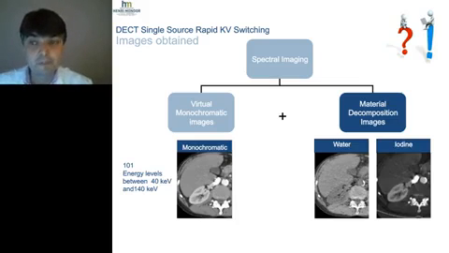The second set of images is material decomposition images, and dealing with oncology, of course, the iodine over water map is very attractive because you will be able to make measurements of the concentration of iodine within any element of the images. And that's the way we are going to see how in clinical practice you can use spectral imaging, especially in oncology, for detection and characterization of lesions.